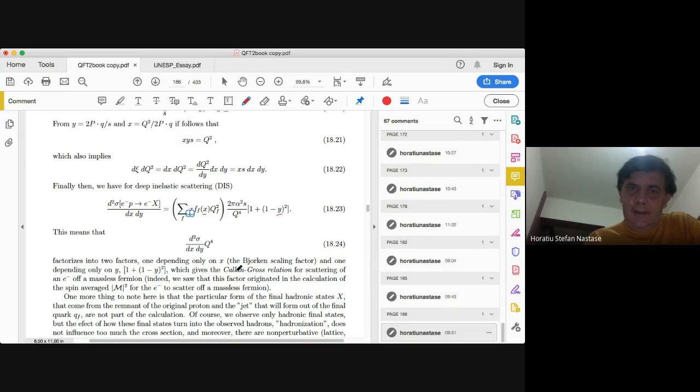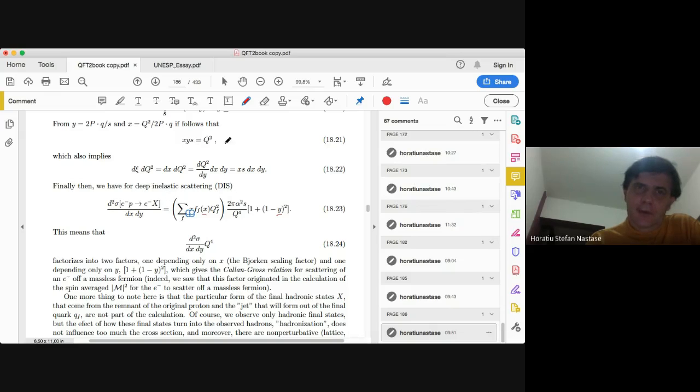The part that only depends on x is the Bjorken scaling factor, and then there's this part that depends only on y, and this division into x and y is called the Callan-Gross relation. So that's another way of describing deep inelastic scattering.